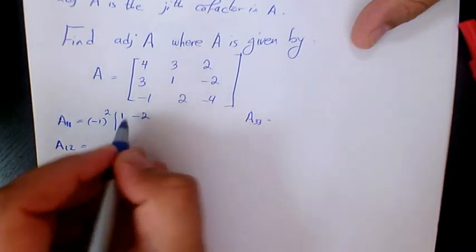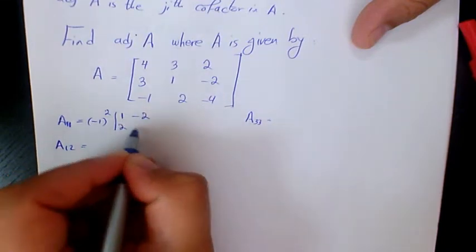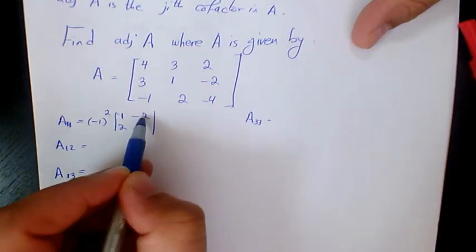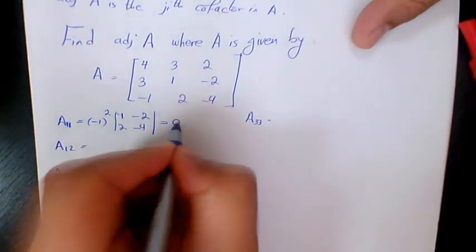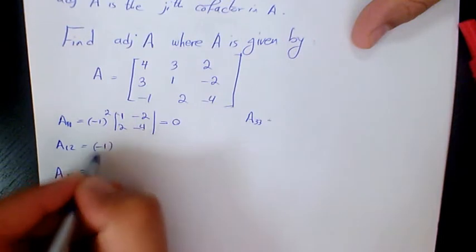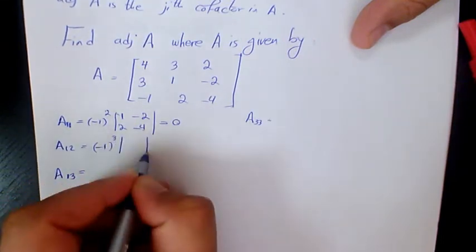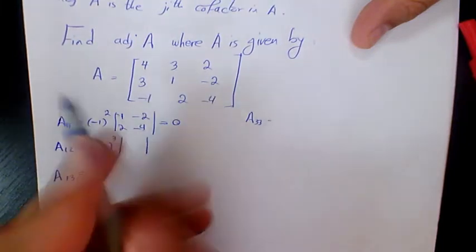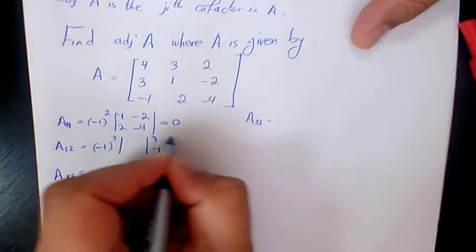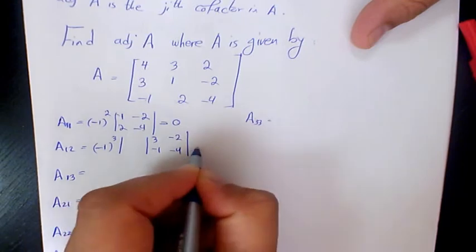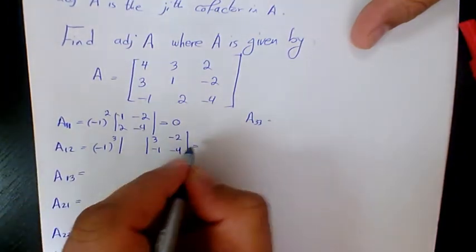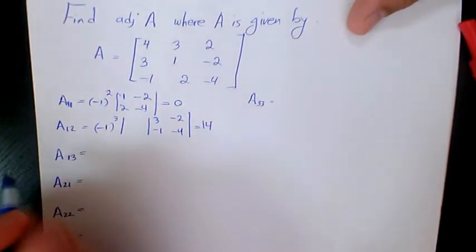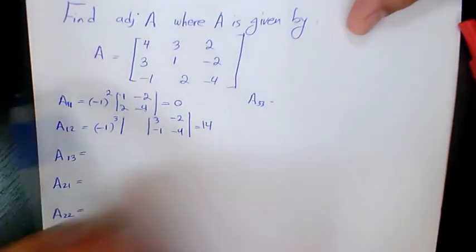Determinant of 1, -2, 2 and -4. 1 times -4 is -4, plus 4 is going to be 0. Then you have -1 to the power of 1 plus 2, which is 3. That's this one: 3, -1, -2, -4. It's going to be 14. Next one, A13, so it's going to be this one.